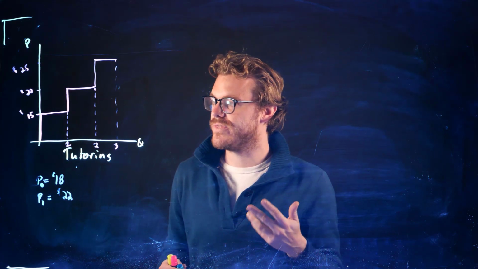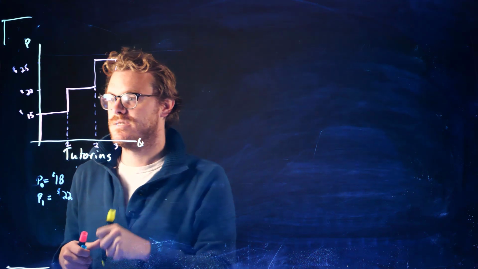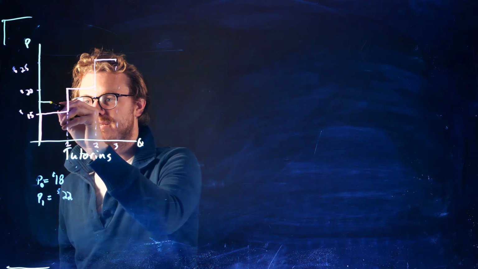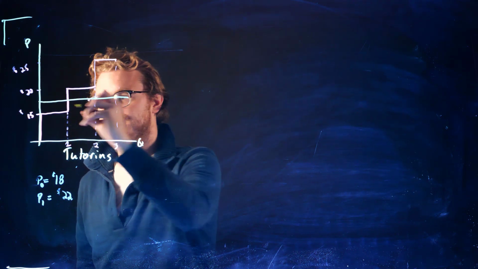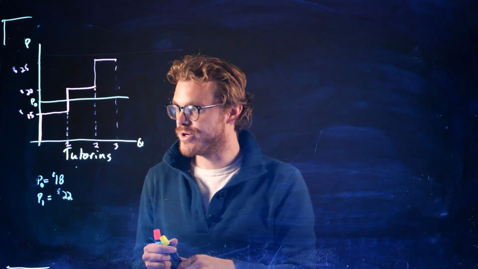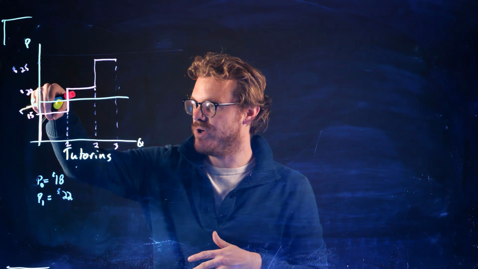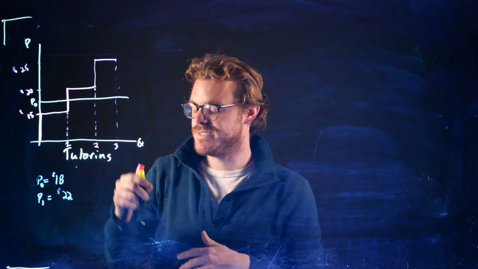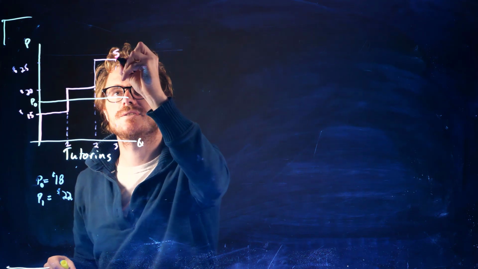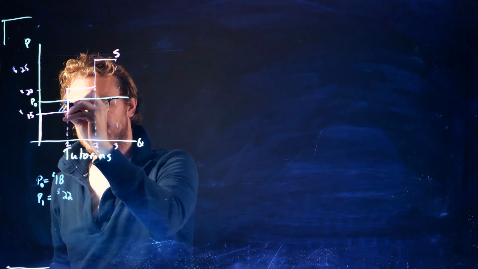And so let's think about what graphically the producer surplus looks like here. So $18 is, let's say this was the price of the good, P0. And so the producer surplus is going to be the difference between the price, so below the price, above this supply curve. So I should label this as the supply curve. And so that's this area here.